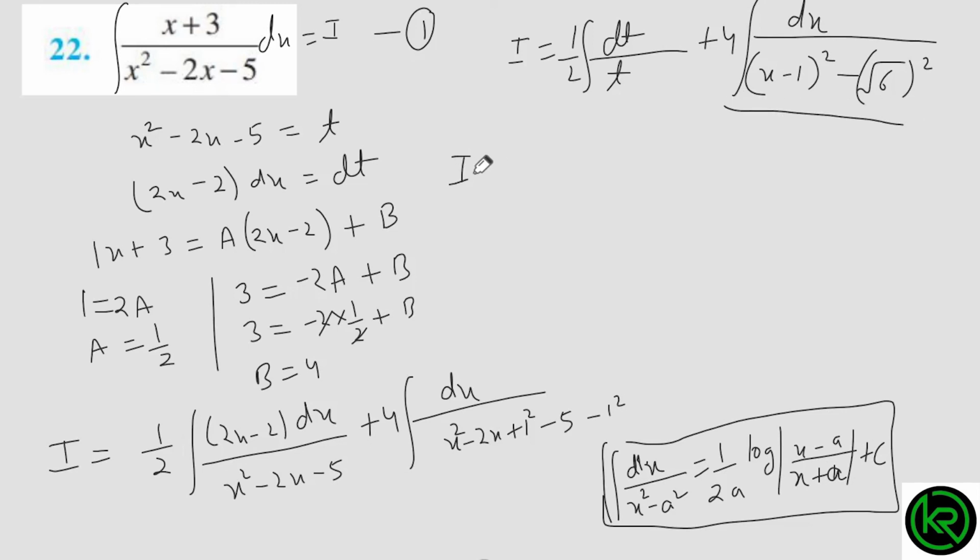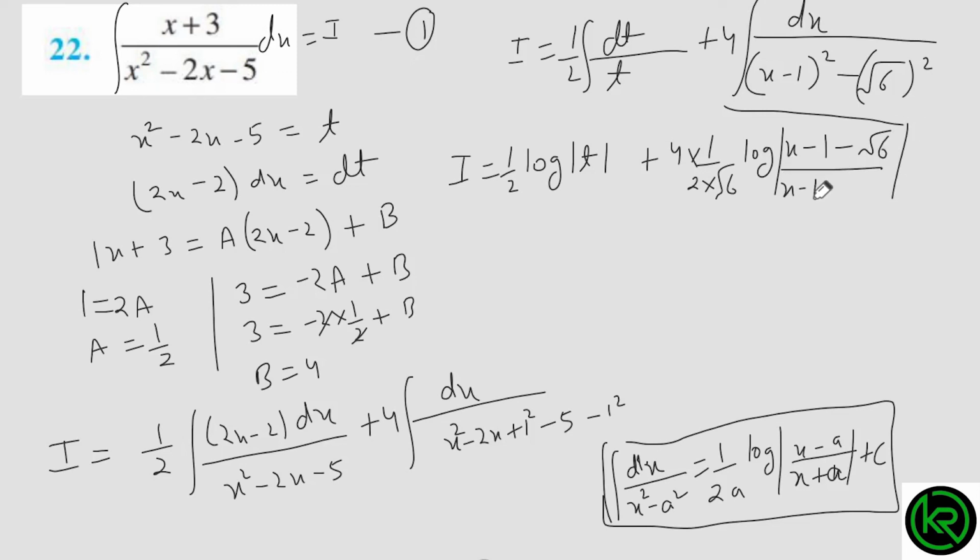So our final answer will be I equal to half log t plus 4 multiplied by 1 by 2a. A is what, students? Root 6. And log of x minus 1 minus root 6 upon x minus 1 plus root 6 plus c, and 2 will cancel this 4 and 2.